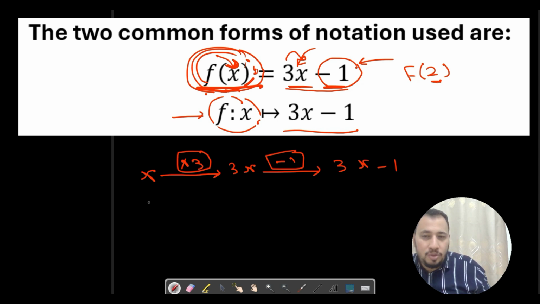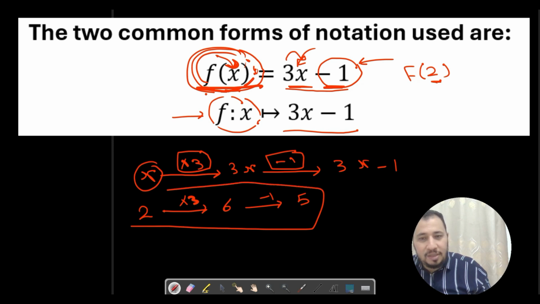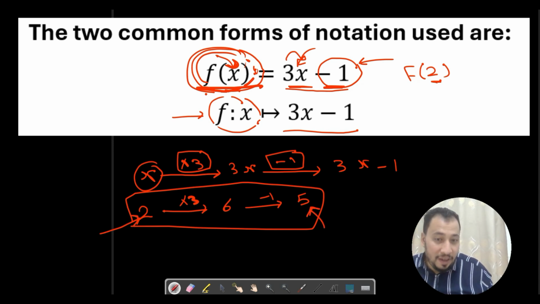Instead of this x, I'm going to write 2. 2 multiplied by 3 is 6, then minus 1, which is going to be 5. Of course, you don't have to do this, but I'm just explaining the idea of functions, which is input and output. Here your input was 2, and here your output is 5.